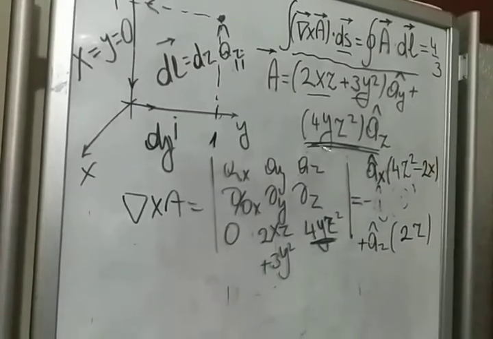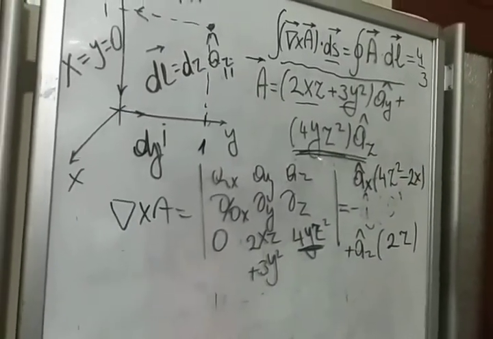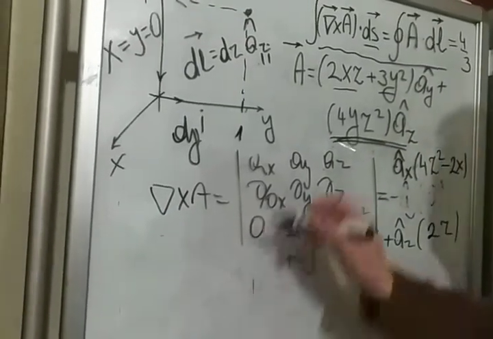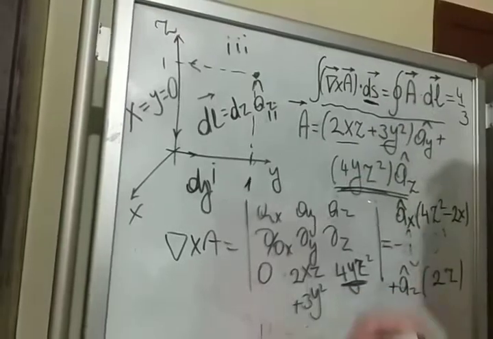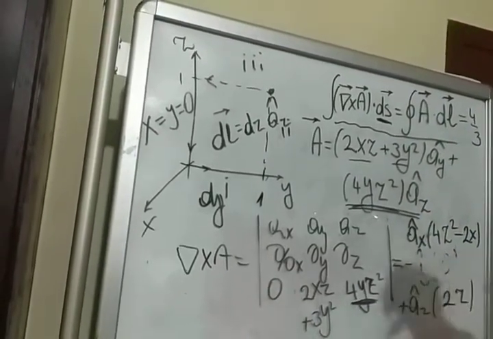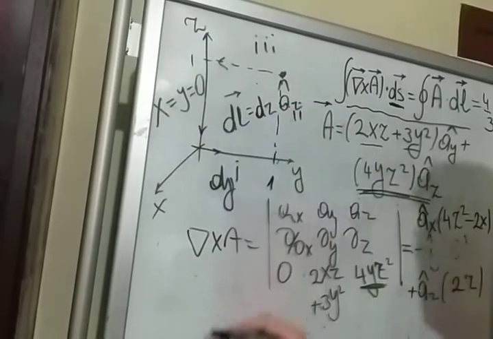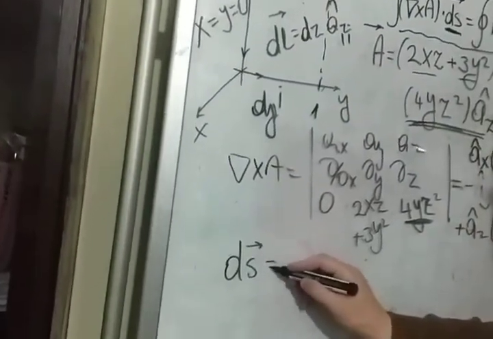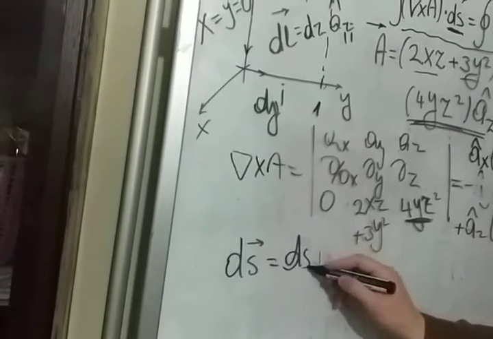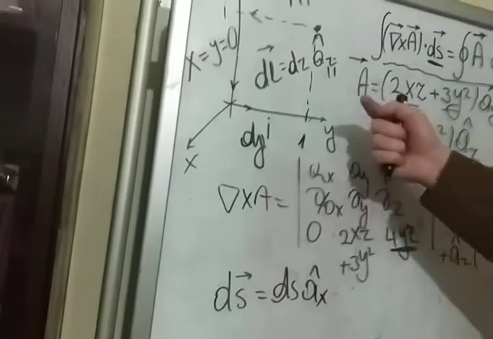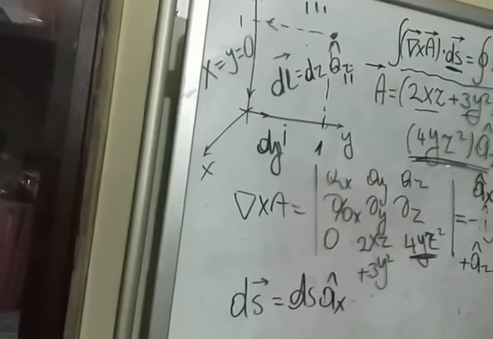So apparently we have the curl of A along the AX and AZ. Now we have to integrate this curl over ds. Now what is ds? In this case, we know that the surface area is defined by a vector which is perpendicular to this surface. So you might agree that ds in vector notation is equal to ds times ax. So it will be a vector pointing along the x-axis. We're using the right-hand rule.